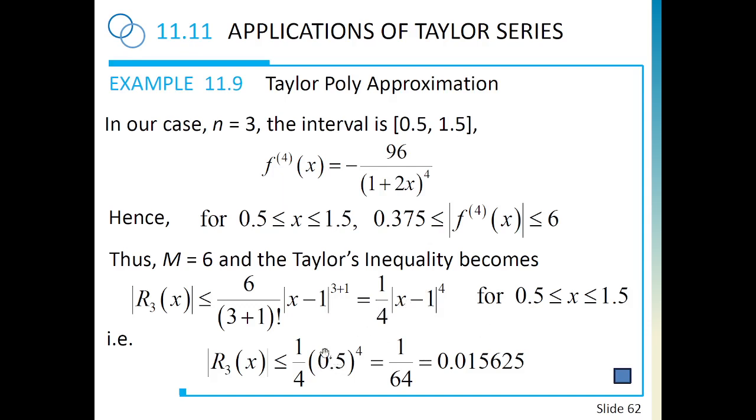So we have our error smaller than this expression here. You see in this case the approximation is not phenomenal. You only have one decimal place with the polynomial of degree 3 for our approximation.